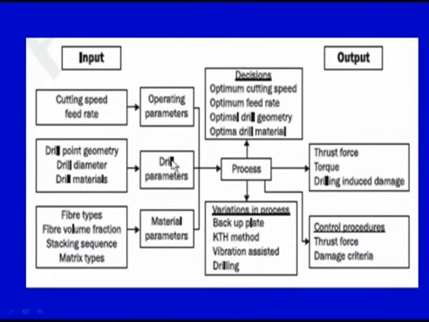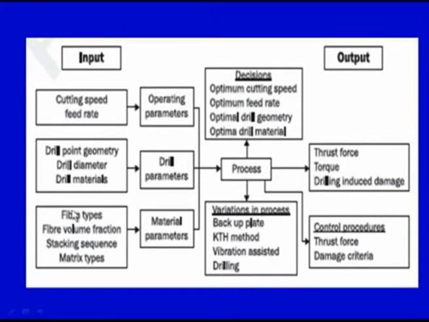The second input is related to the tool or the cutting tool, that is the drill. So we can have drill parameters like what is the geometry of the drill, as I have already highlighted. Twist drill is one important type of drill which is used for making holes in materials. Then we can have the diameter of the drill and the material of the drill, the tool material. So our focus is on tool geometry, tool material and tool diameter, which will be acting as the drill parameters which go into the process.